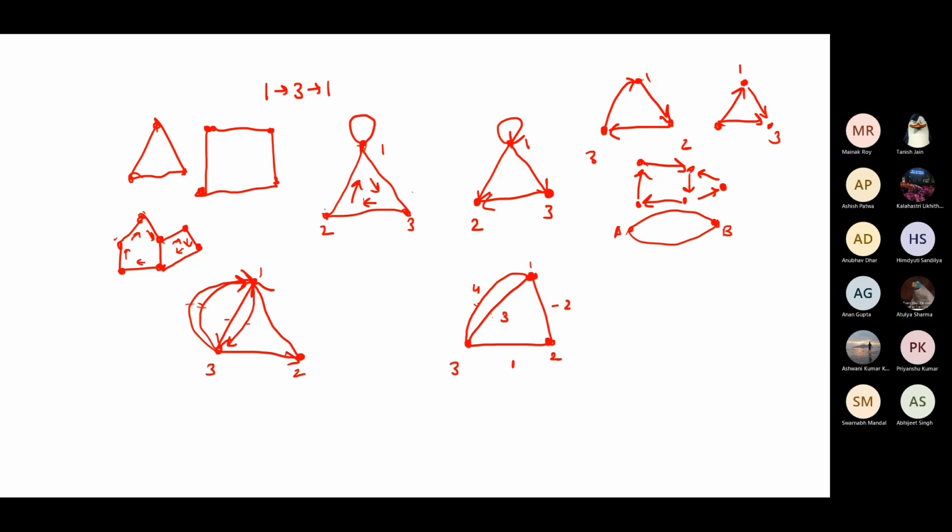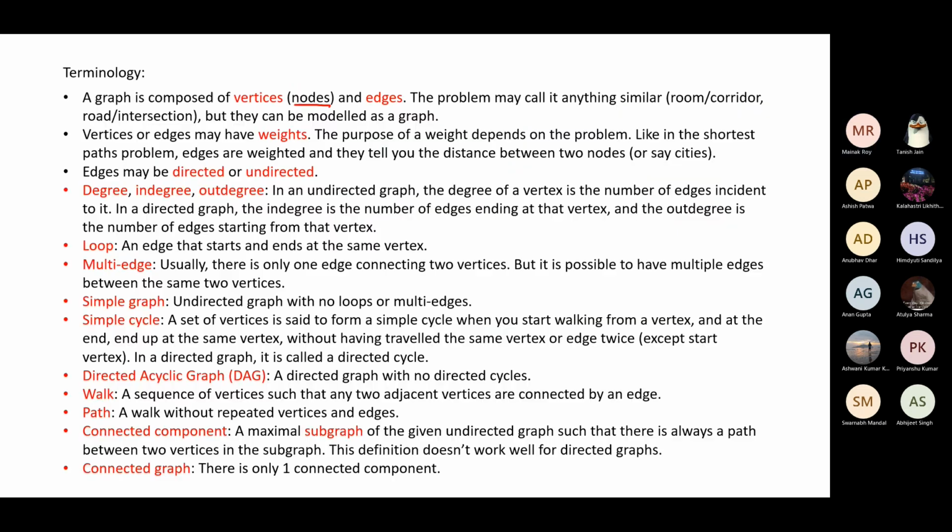Now, directed acyclic graphs. This particular thing is also important because a directed acyclic graph has some interesting properties. In particular, you can actually do dynamic programming on these graphs, which is interesting, and that is because there is no cyclic dependency.